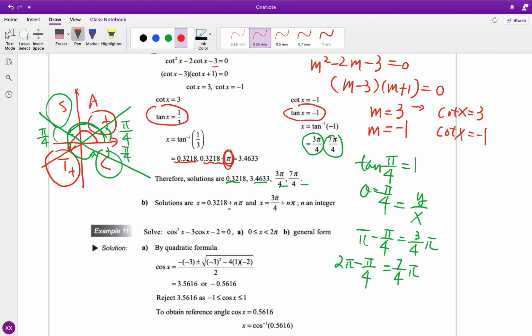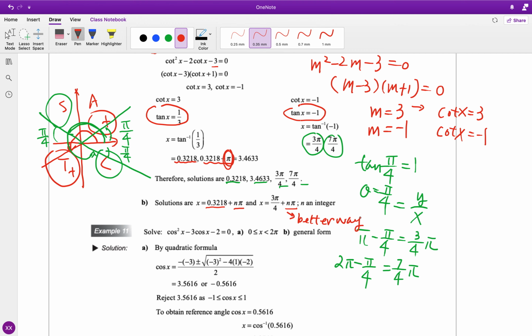That means you only use the first one and add on n pi. It's not even 2 pi, just n pi. This number shows up, and then adding another n pi, this number shows up as well. That is what we need to talk about for the so-called general form, a better way to write.